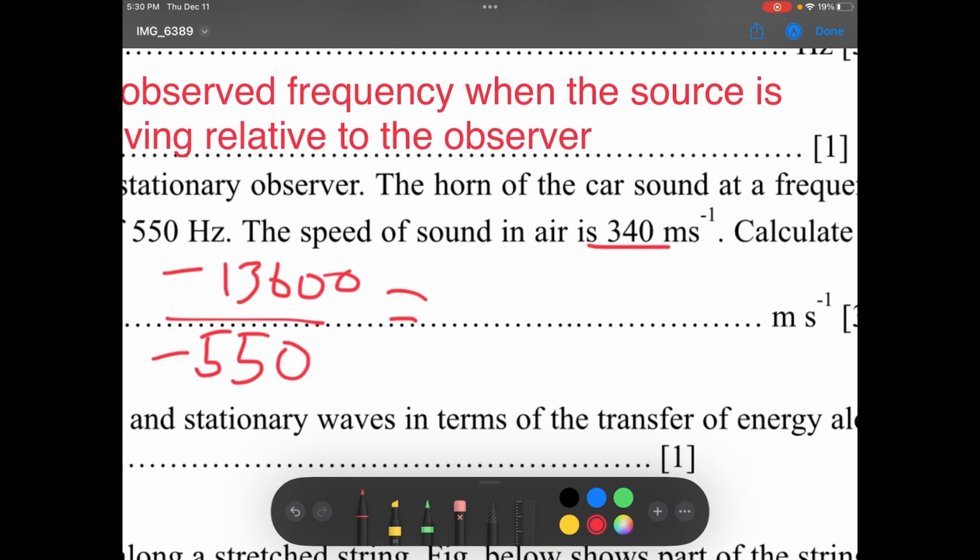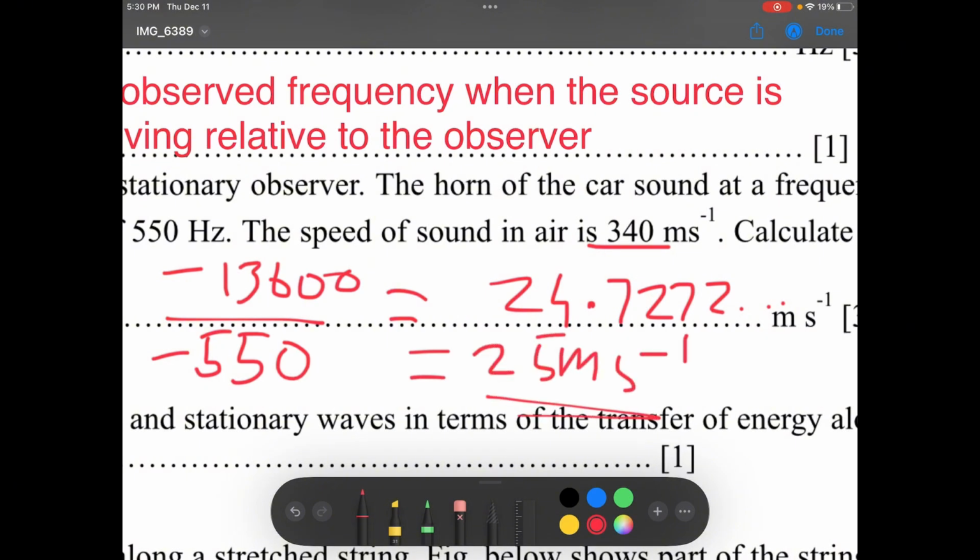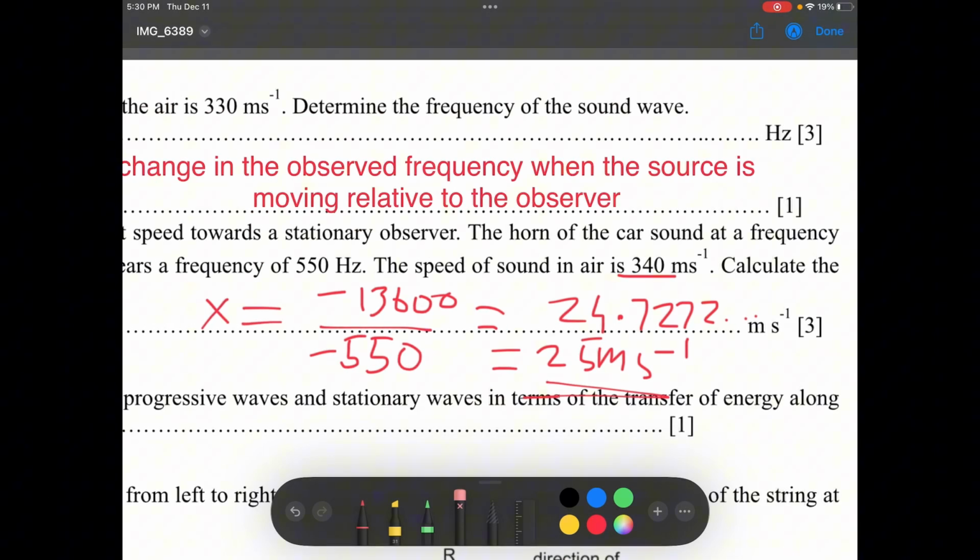And the answer is 24. And the decimals are 7272 and so on, which equals 25 meters second minus 1. And there is our answer.